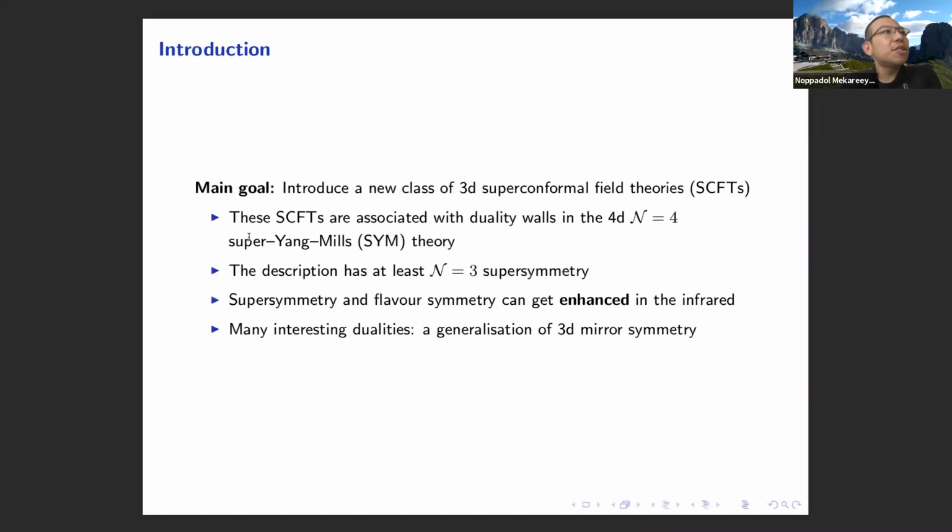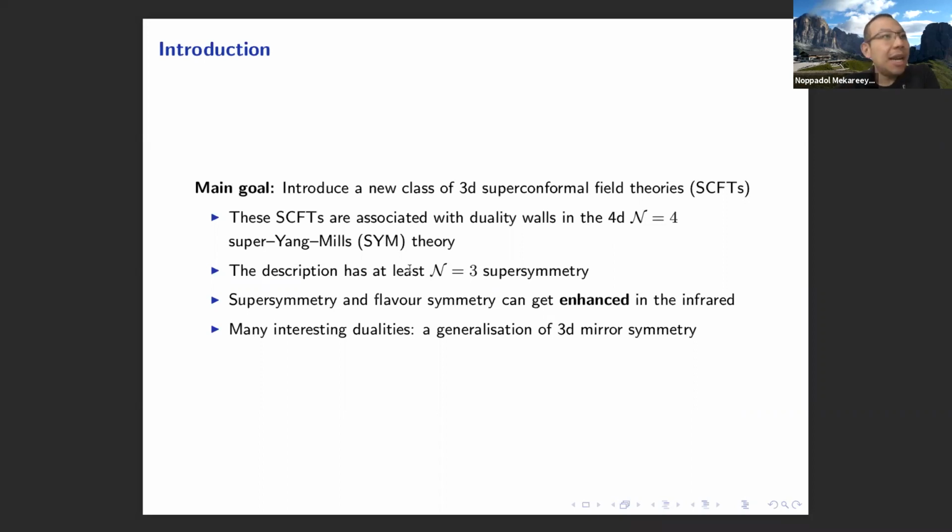So the main goal is to introduce a new class of 3D superconformal field theories. Basically, this has something to do with the duality walls, this type of S duality or SL2Z duality walls, if you like, in the 4D N equal to 4 super Yang-Mills theory. The description of this theory, as I will show you, has at least N equal to 3 supersymmetry.